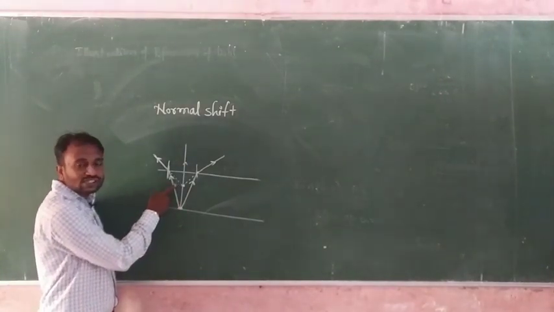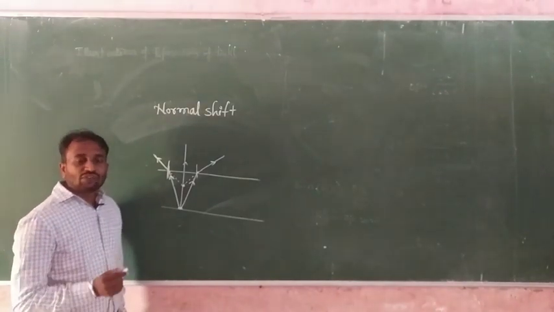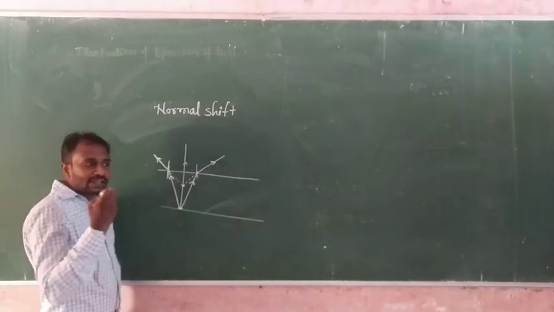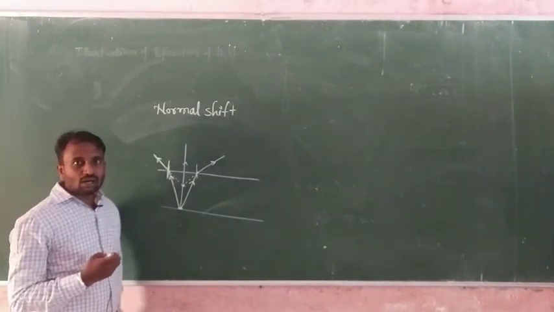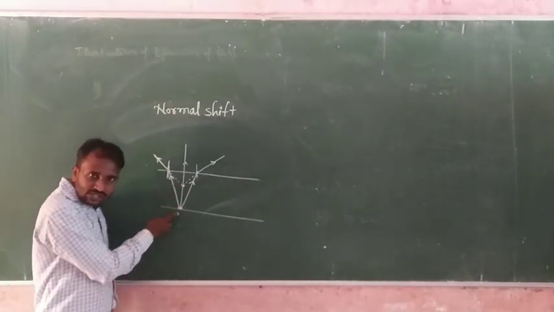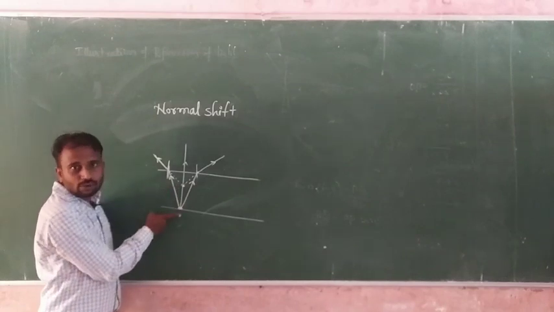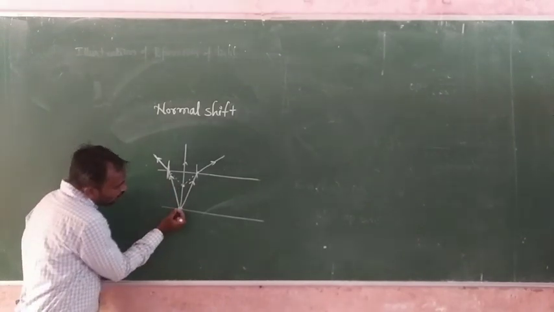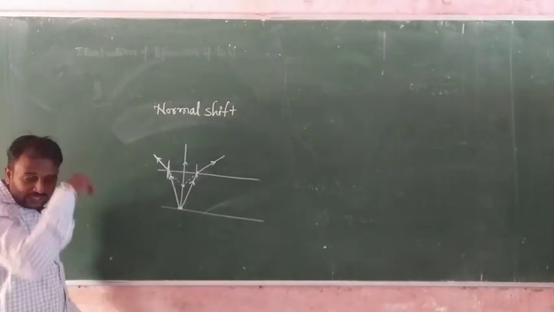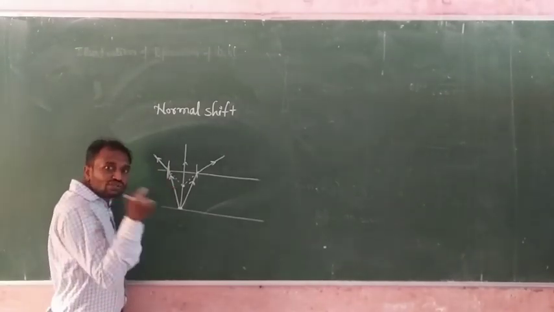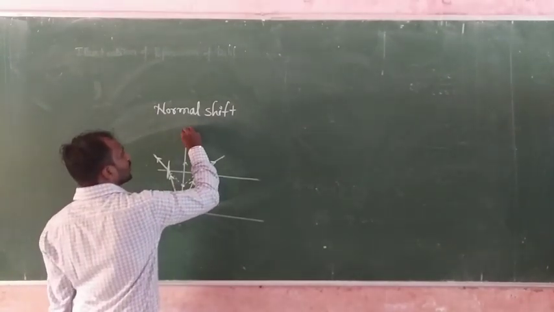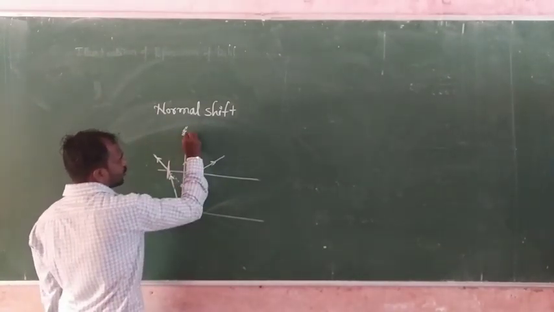So if you observe this object, we assume the object is here, but the actual position of the object is this one. So the object appears shifted, changing its position.